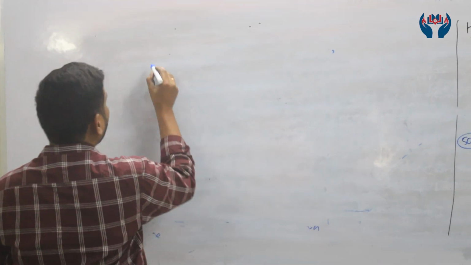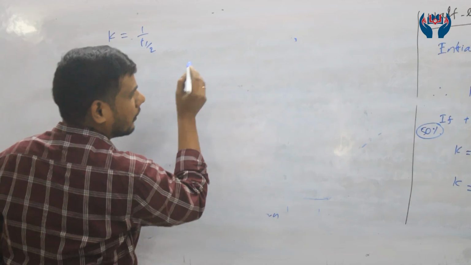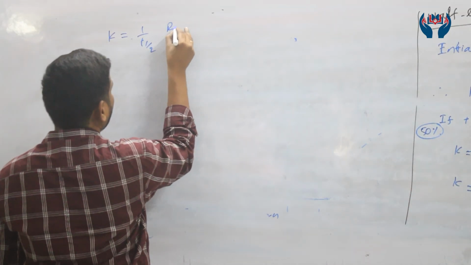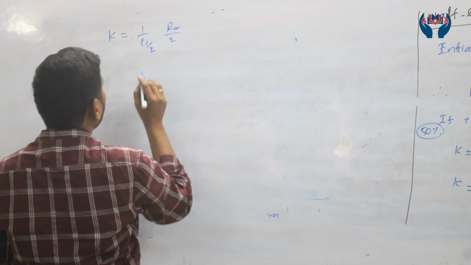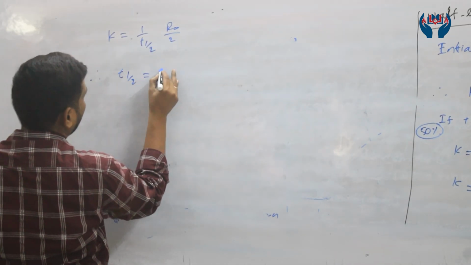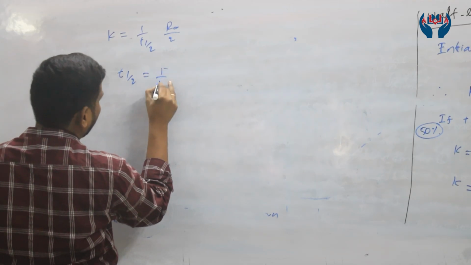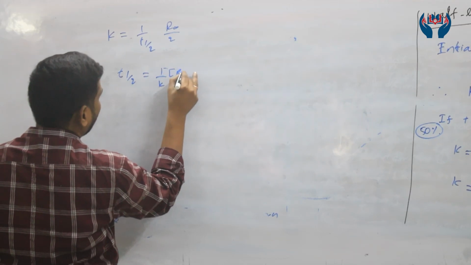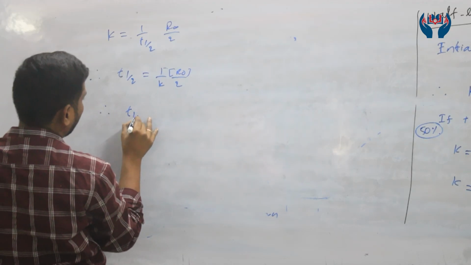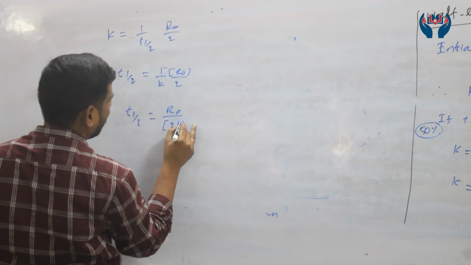Therefore, K equal to 1 by t half into R0 by 2. We want t half, therefore t half equal to 1 by K into R0 by 2. Finally, t half equal to R0 by 2K.